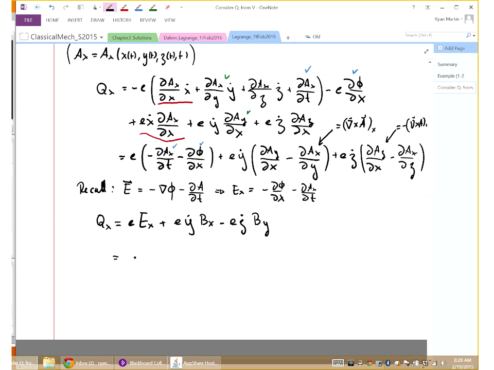And if I go even further, I can note that the last two terms are just the cross product of the velocity vector and the magnetic field.